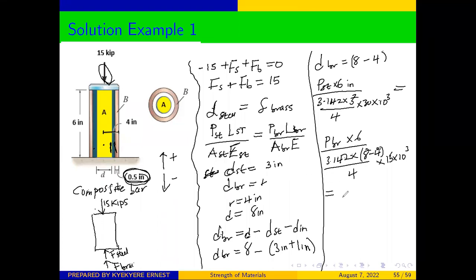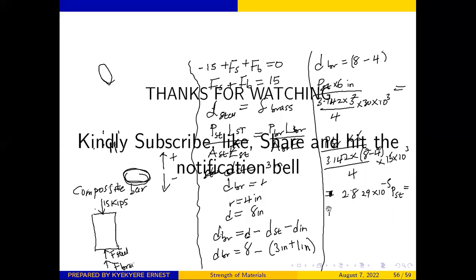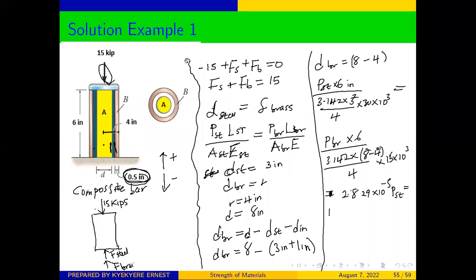From the simplification, we are going to get 2.829 times 10 to the power negative 5 P steel is equal to 1.061 times 10 to the power negative 5 P brass. So this will be our equation 2.